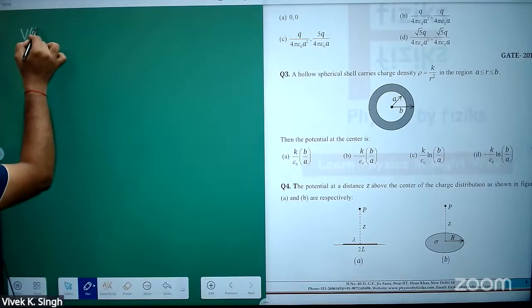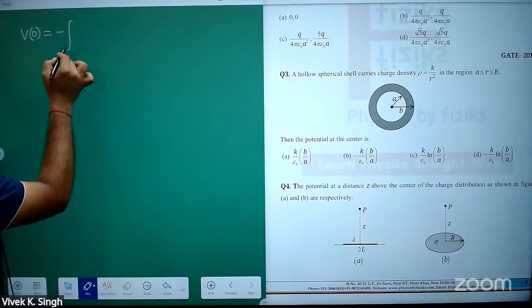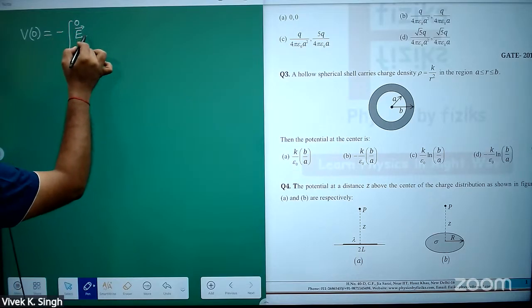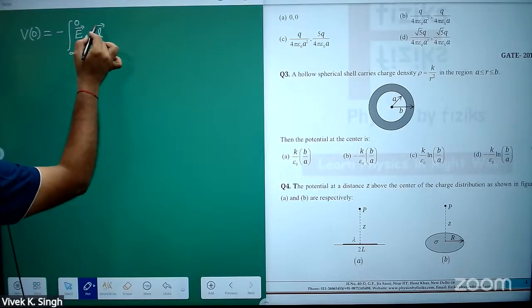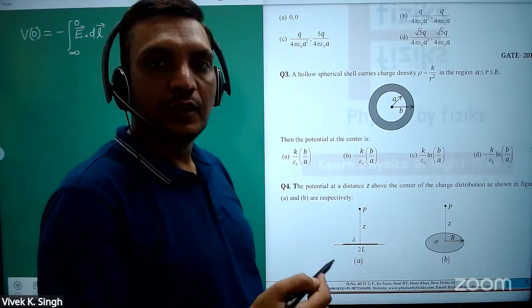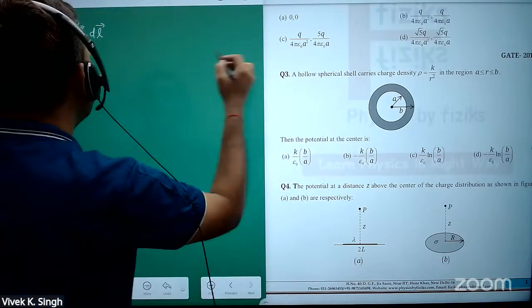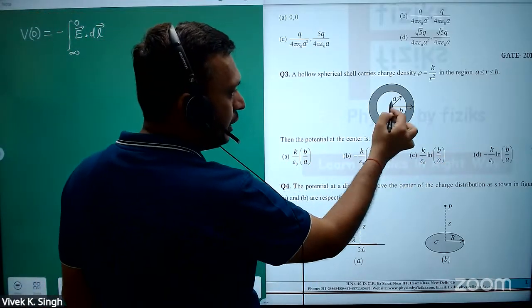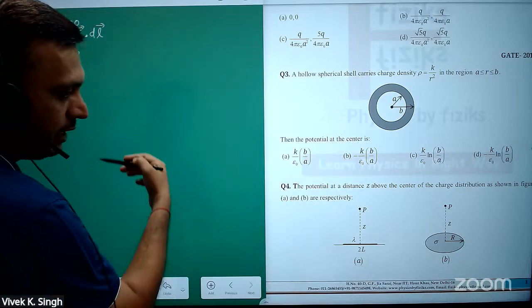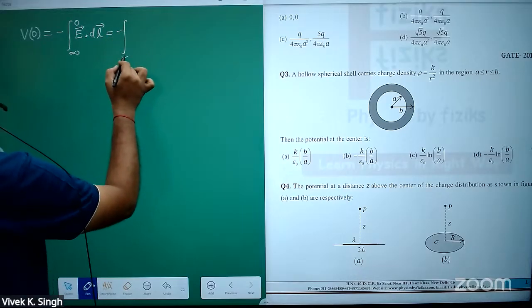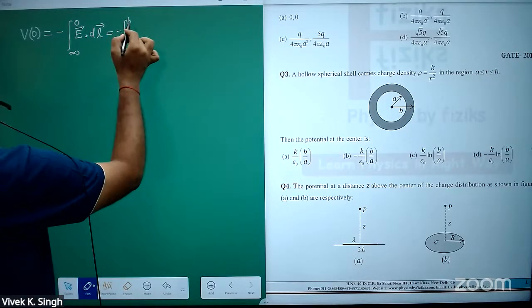So now by definition, potential at the center is given by minus integral from infinity to 0 of E dot dl. Let's see how we will apply the formula. The potential at point r is minus integral from infinity to r of E dot dl. But now the potential is at the center, so r is 0. So when you integrate from infinity to 0, you will encounter 3 different regions. Accordingly, you will write this as first minus infinity to B, E3 dot dl.